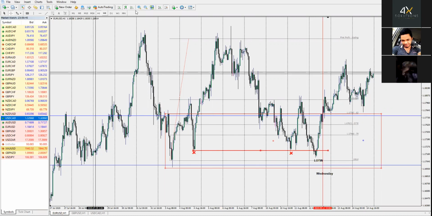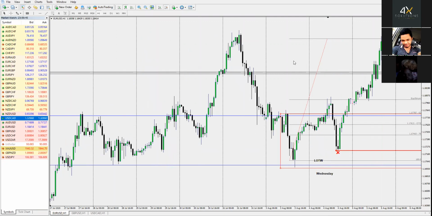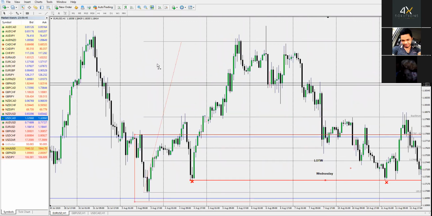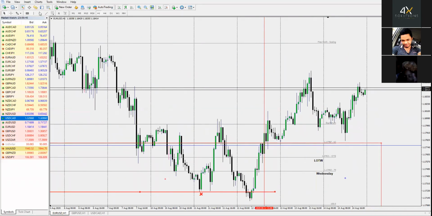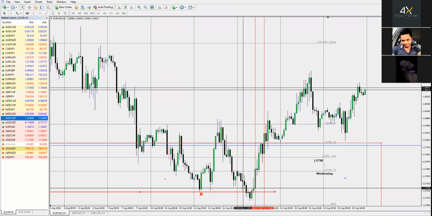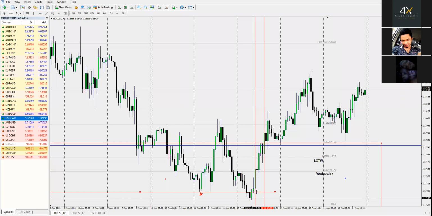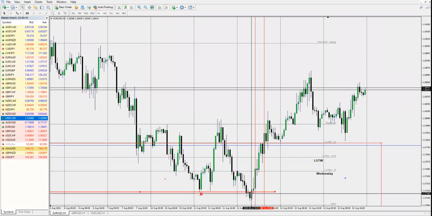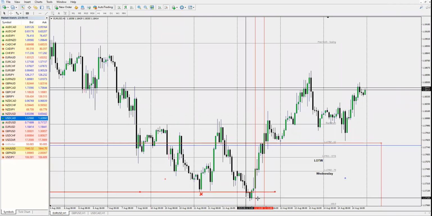Now, if you go down and zoom in here on the Wednesday, you will also see that if we add 10 a.m. for me, which is about here, this was formed around the London kill zone low. So the low of the week was formed around the kill zone of the London session of the day.